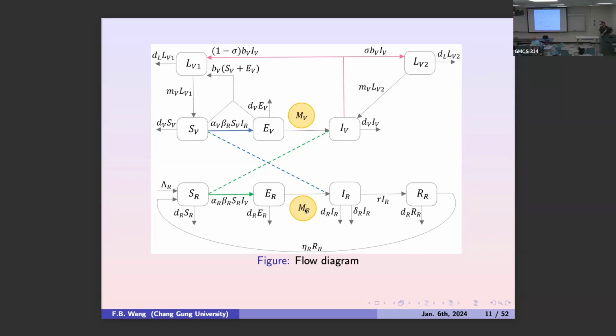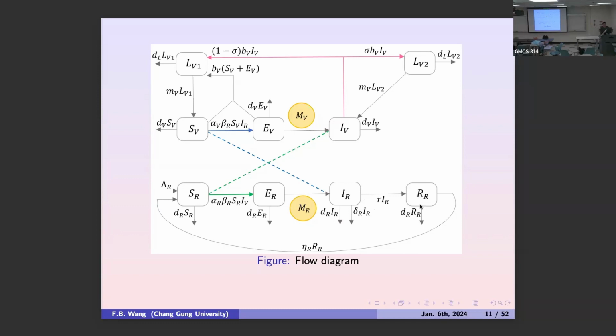So this term represents the newly occurred infectious birds. And here, of course, we have a natural death rate. And here we have the mortality due to the disease. Okay. And then there is a recovery rate.